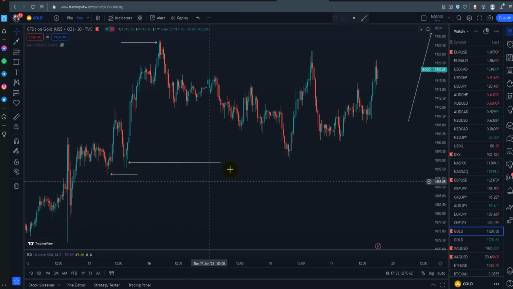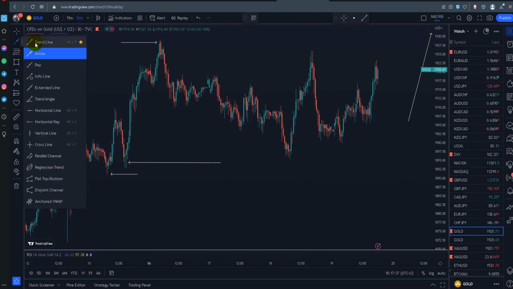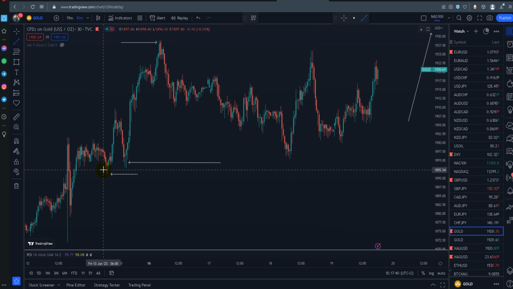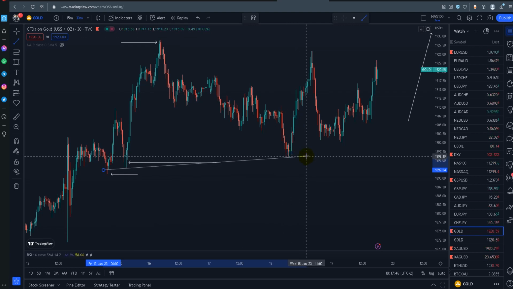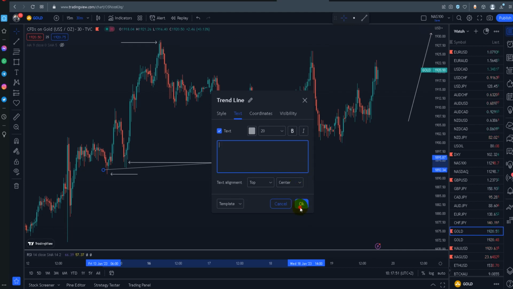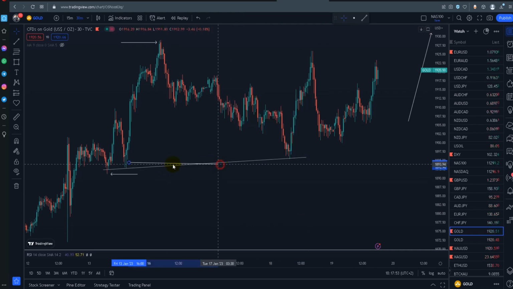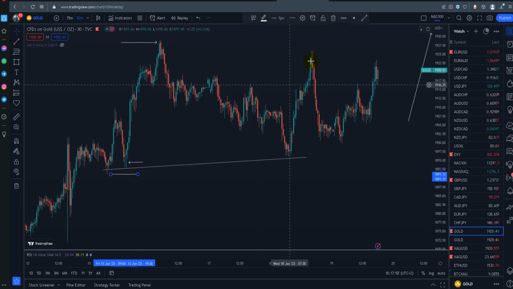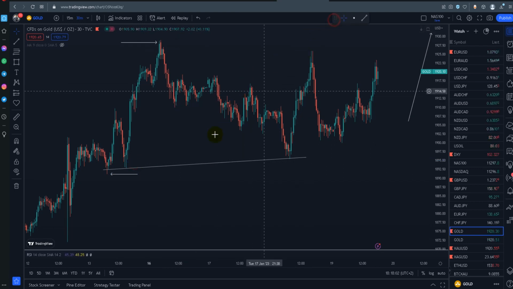Very simply, all you have to do is get our trend line out and draw from that green candle wick to that green candle wick, and pull it all the way across the screen. You will see that that gives you the sniper entry for the next wave up.